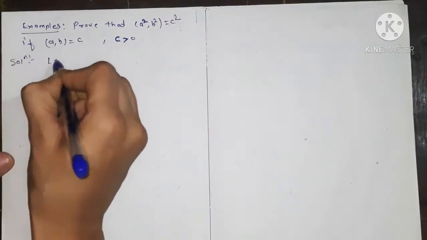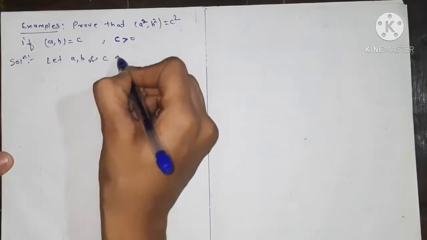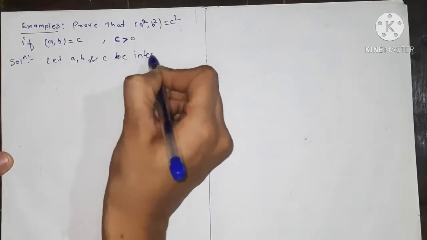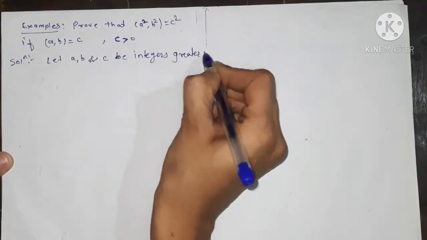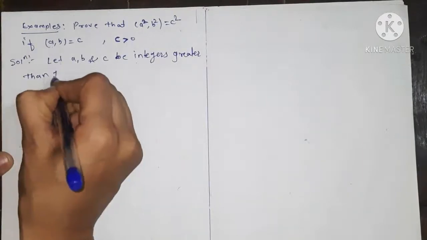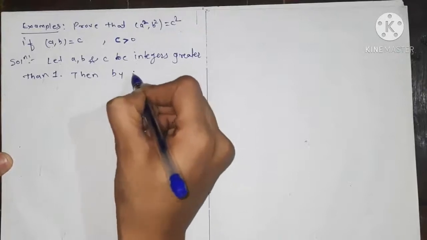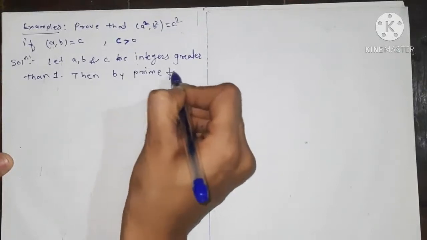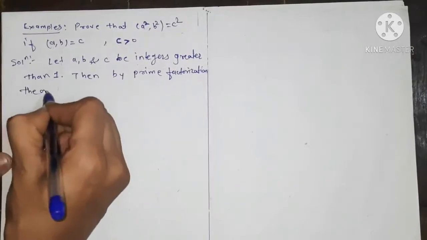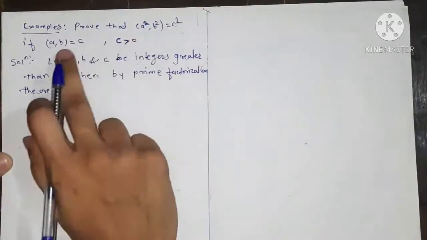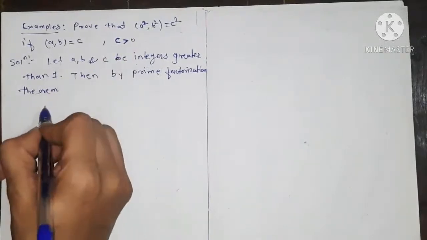In that, we let a, b, and c be integers greater than 1, that is, positive integers greater than 1. Then by the prime factorization theorem, as a, b and c are integers, we can write them in the form of prime factorization.